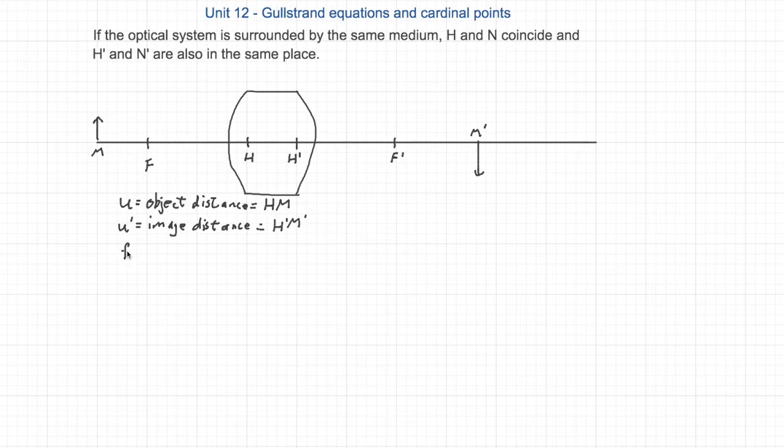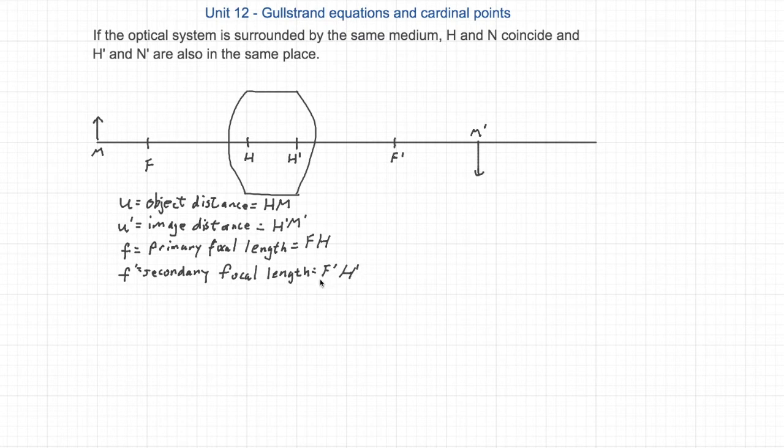Similarly, the image distance for a thick lens is measured from the secondary principal point to the image. The primary focal length is measured from the primary focal point to the primary principal point. And the secondary focal length is measured from the secondary focal point to the secondary principal point.